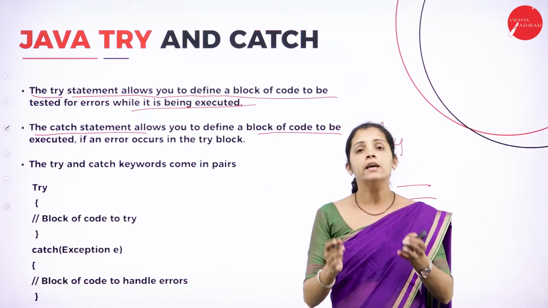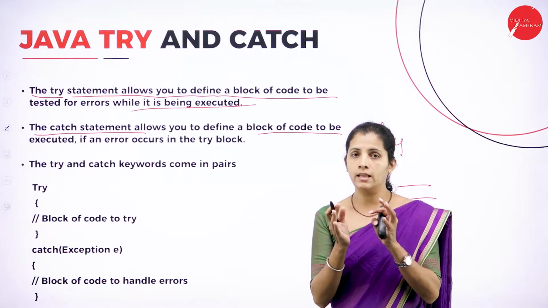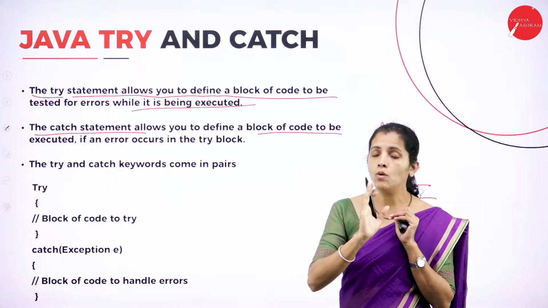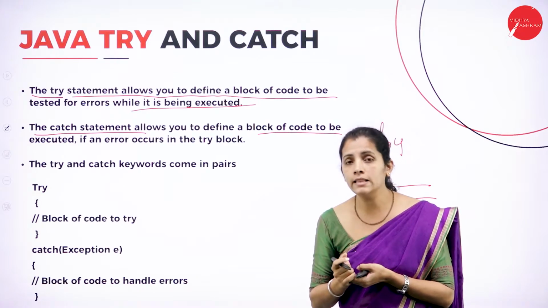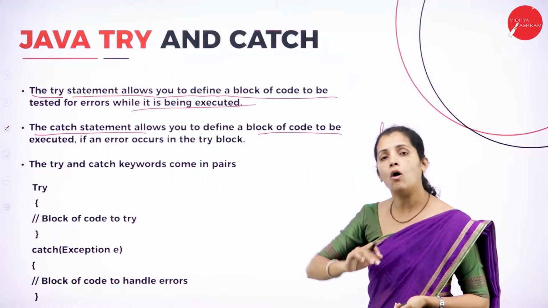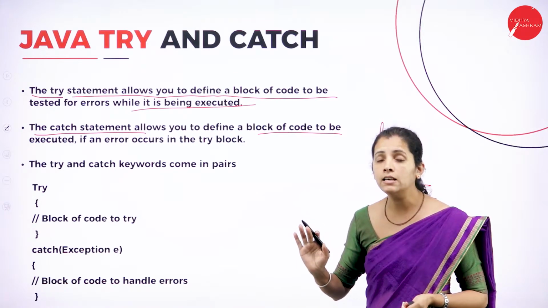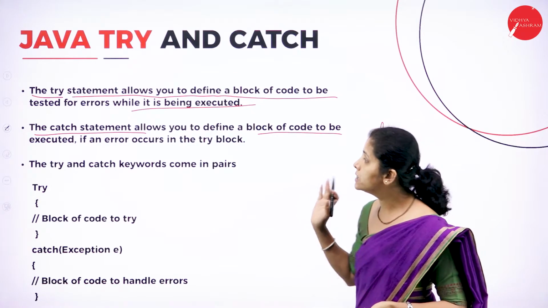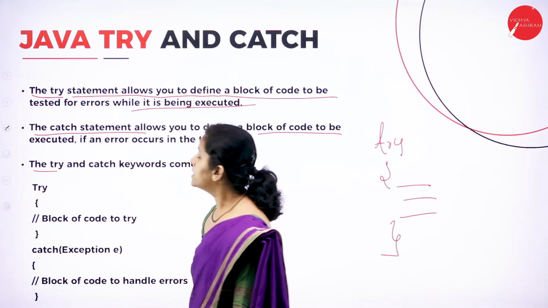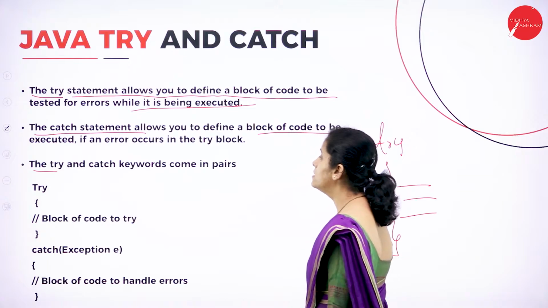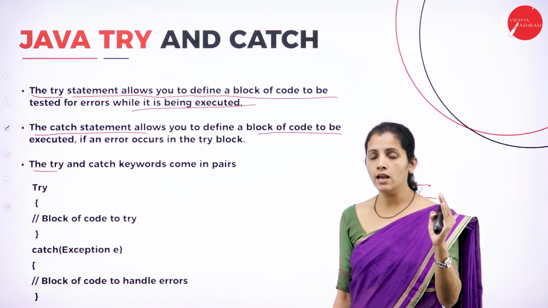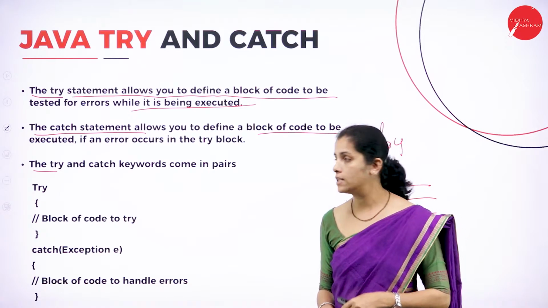Think that an error occurs in the try block. Now, who is responsible for handling that error? That is none other than the catch block. All the errors are handled successfully by the catch block. So, the try and catch keywords come in pair. First I use the try, after that I use the catch block.